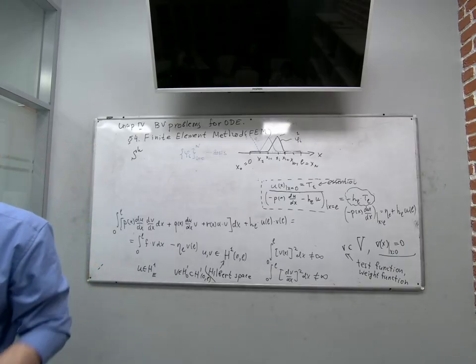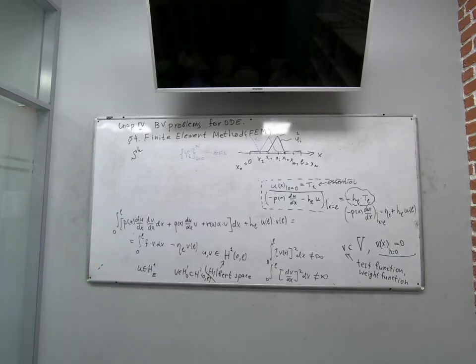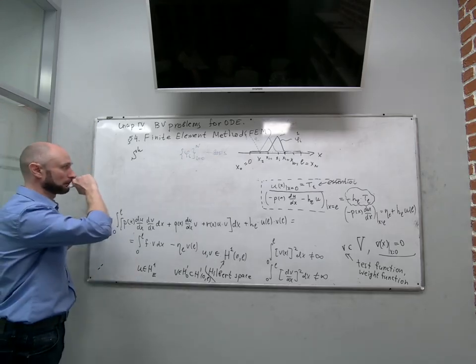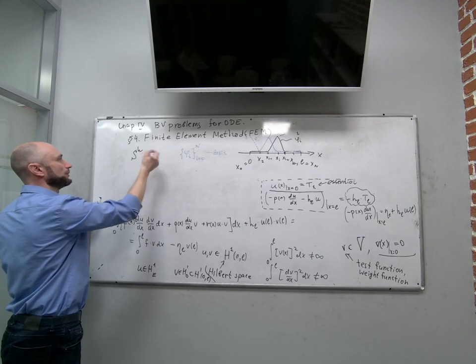A basis for which space? This is going to be the basis for the finite dimensional space of functions in which I want to search for my solution. Okay? So, what does basis mean?